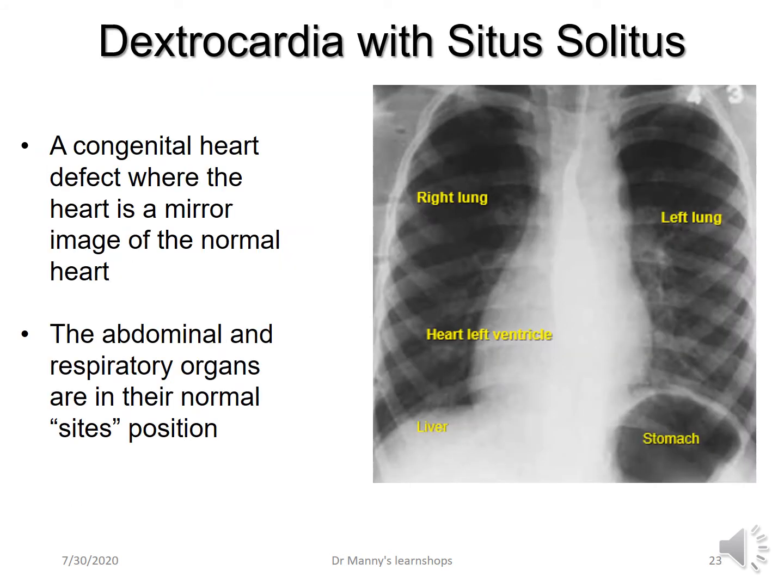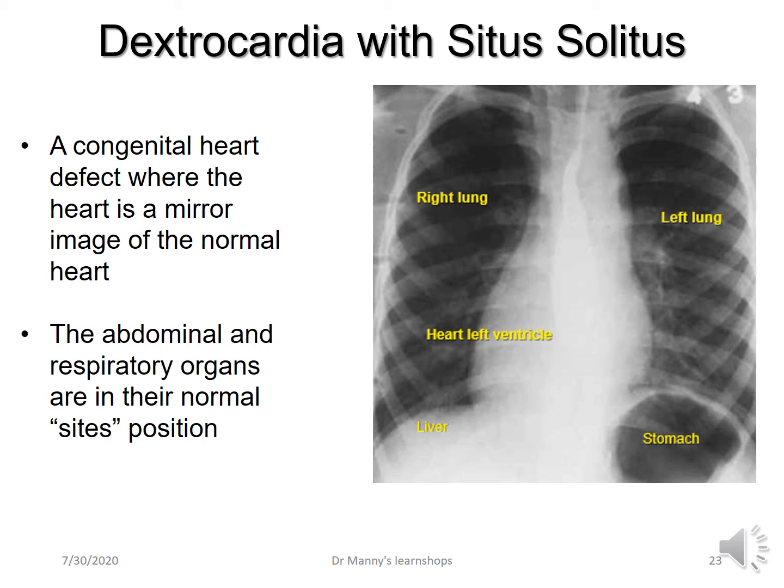This is an example of dextrocardia with situs solitus. The heart is in the mirror image position, but the abdominal organs are in the right place. The lungs are in the right place. The only thing that is wrong on this chest X-ray is the left ventricle is on the right side, dextrocardia, and the right ventricle is on the left side.